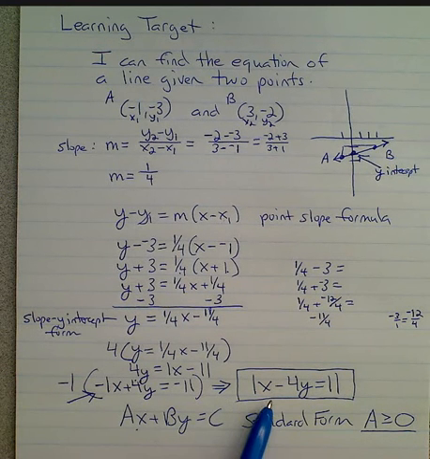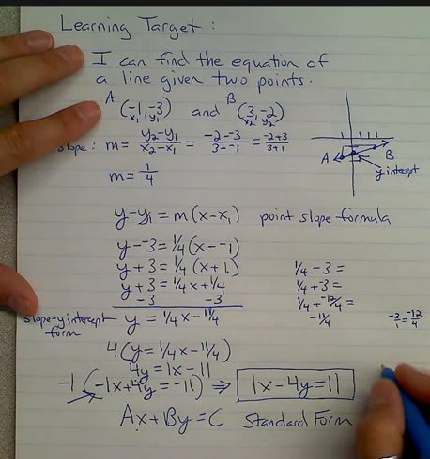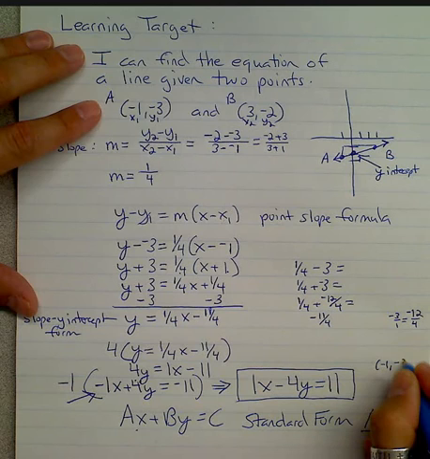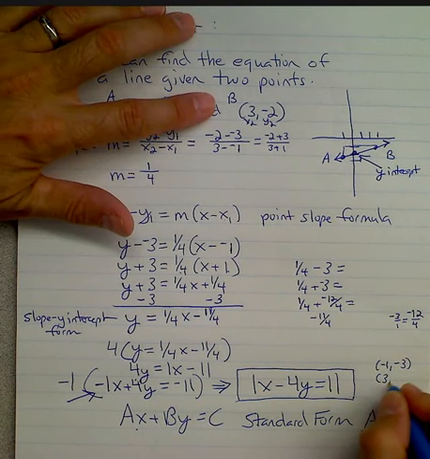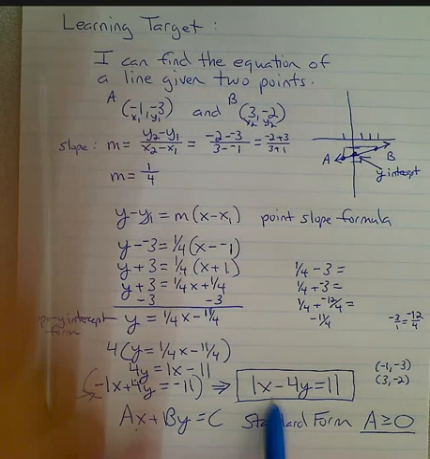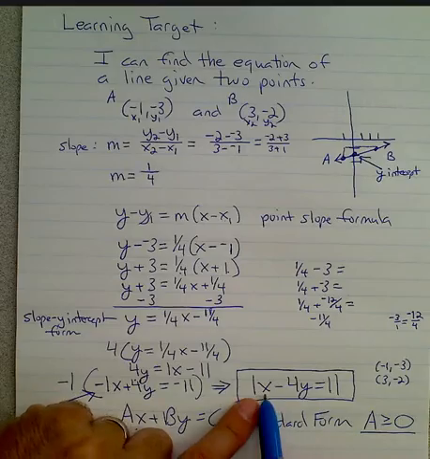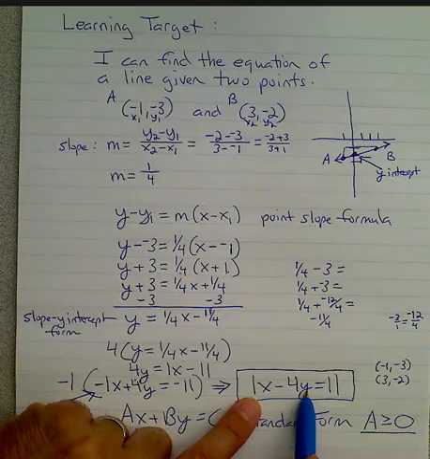As a check, I can mentally take the 2 points and substitute those 2 points in here. If I put negative 1 here and negative 3 here, I will have negative 1, negative 4 times negative 3 is positive 12.